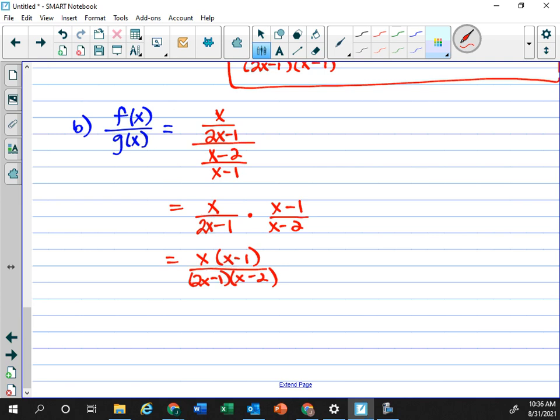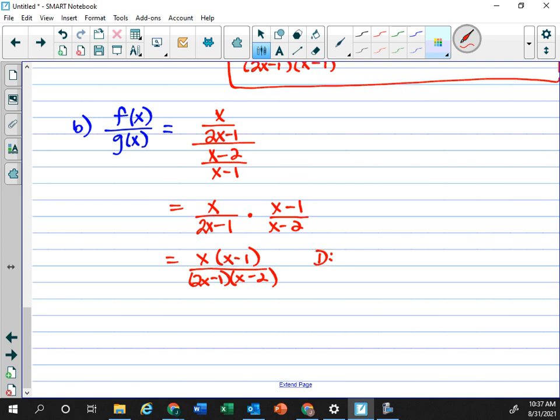Now, the tricky part, guys, the domain. So if I look at the final answer, it just looks like, all right, x can't be a half and x can't be 2. What else can't x equal? 1. Yeah, remember you have to look at those original functions. And from g of x, right in the start here, x cannot be 1.